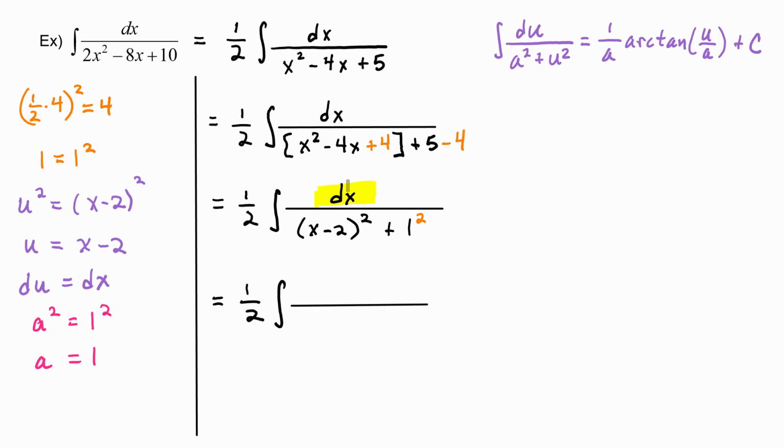In the numerator, we know that dx is equal to du. In the denominator, we know that the quantity x minus 2 squared gets replaced with u squared, and the plus 1 squared is going to be replaced with plus a squared.